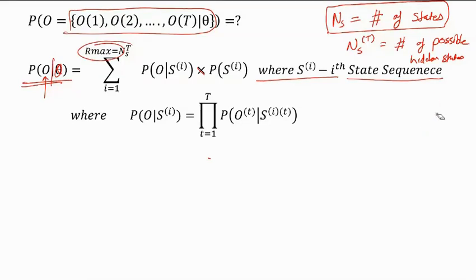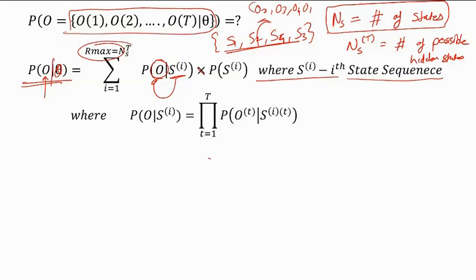So for each sequence, what is the chance that it will produce this observation? Suppose I give you a sequence S1, S2, S5, then S3, like this. This is one sequence. Then what is the chance that I will observe O2, say O3, O4, maybe O1.